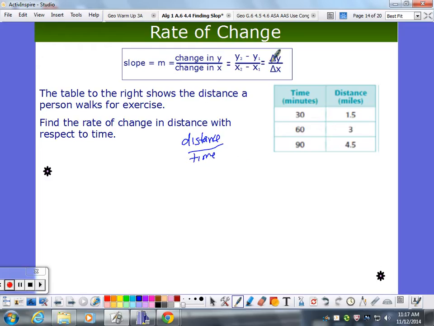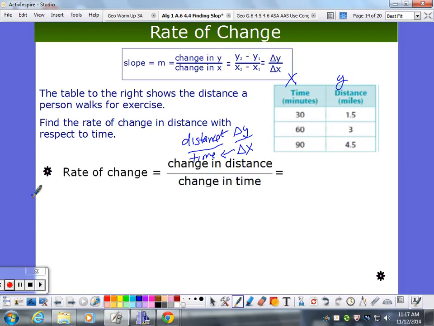So if you think of slope, which is change in y over change in x, what's the y and what's the x? Who's the x value here? The time. Who's the y value here? Distance. Okay? So if I know who's x and who's y, I can solve this. It's change of distance and change of time.